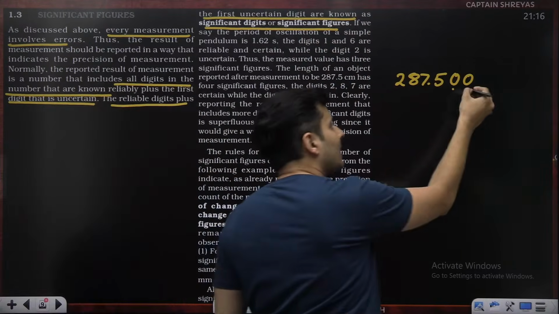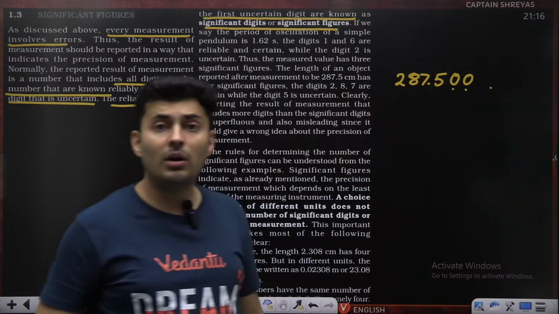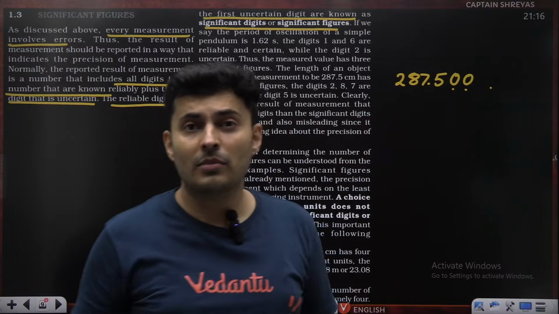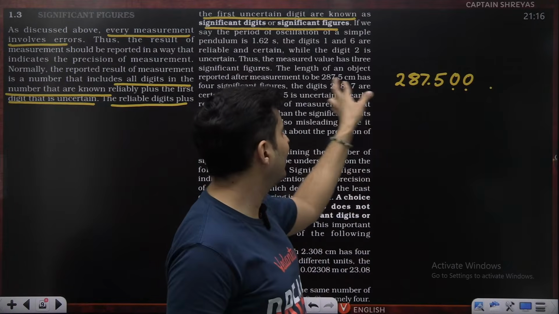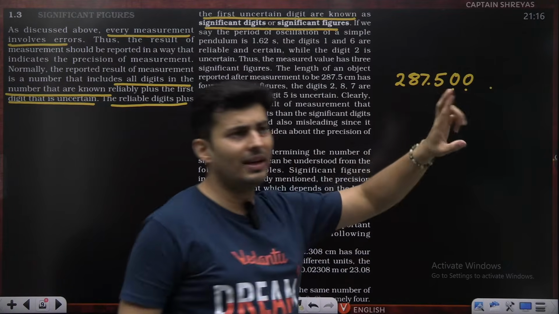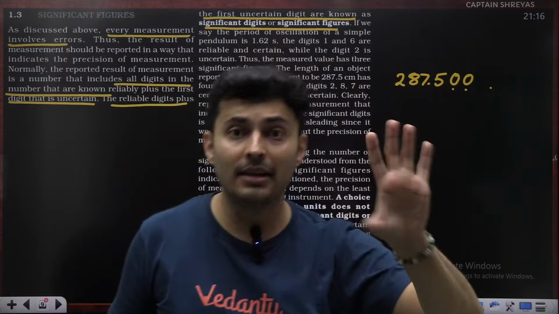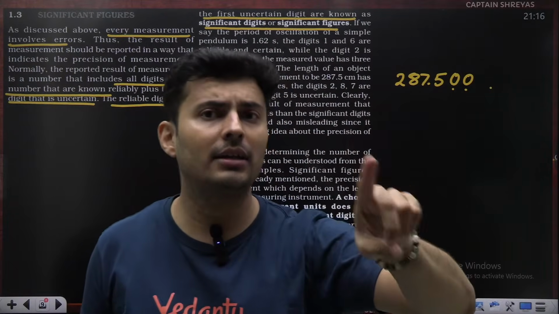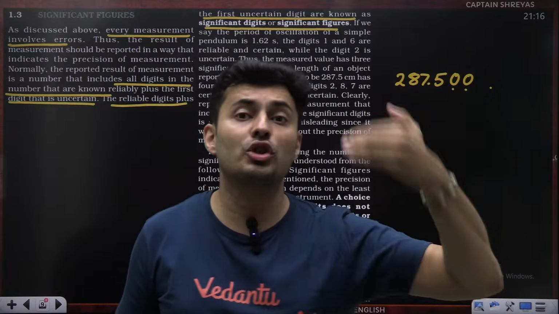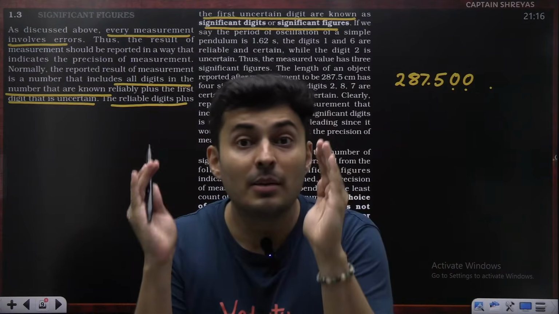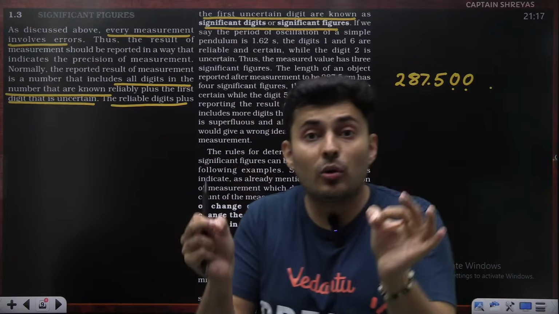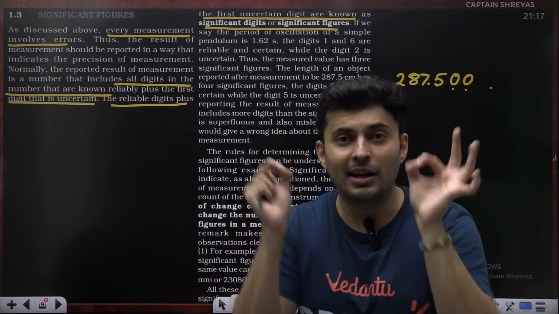So when you add extra numbers, even though it is 0, it can be misleading. Even though mathematically 287.5 and 287.5000 are equal, because you added that extra 0, maybe you are so sure till that decimal point. So it can affect the precision, the accuracy of the reported measurement.